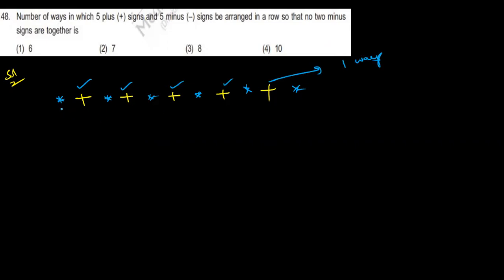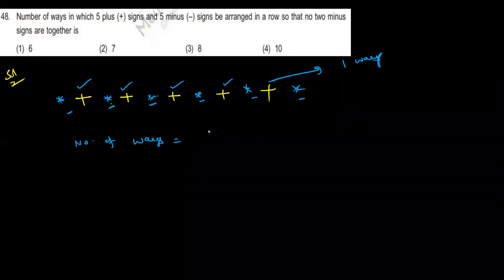How many places are there here? 1, 2, 3, 4, 5, 6. There are 6 places, dear students. So the number of ways is 6 factorial by 5 factorial. How much? 6 only.